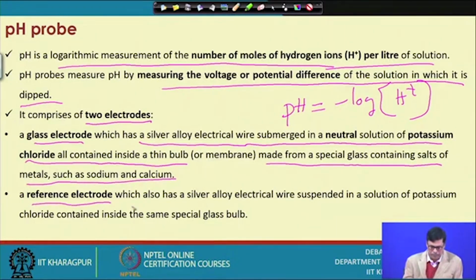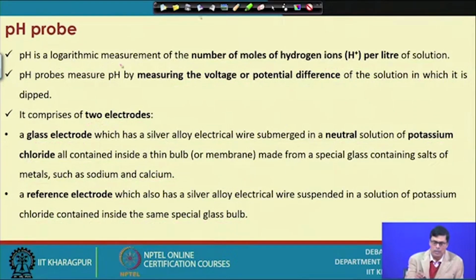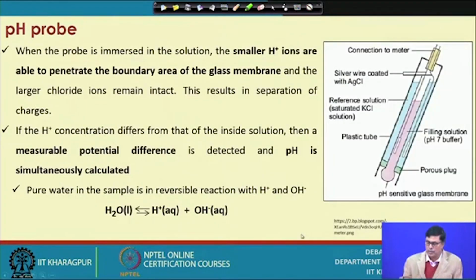The other is the reference electrode, which is also a silver alloy electrical wire suspended in a solution of potassium chloride contained inside the same special glass bulb.